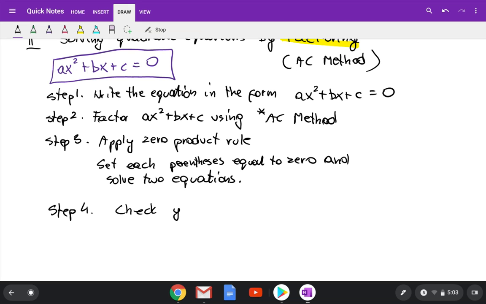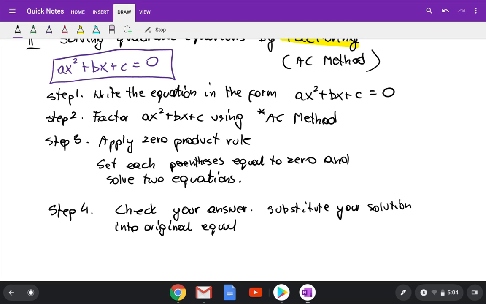check your answer. If on a test you have time to go back, check your answers, substitute your solution into the original equation, and just check if that will give you 0.